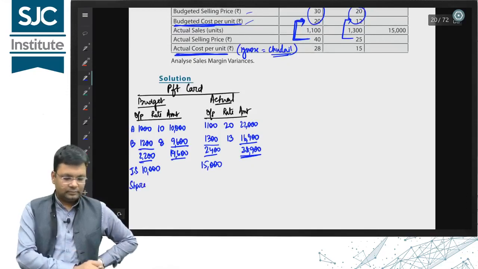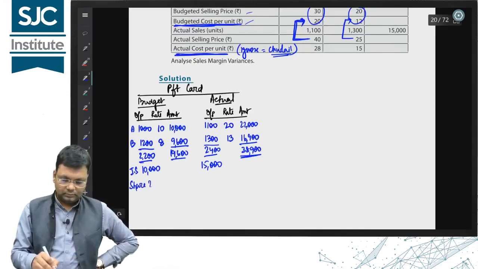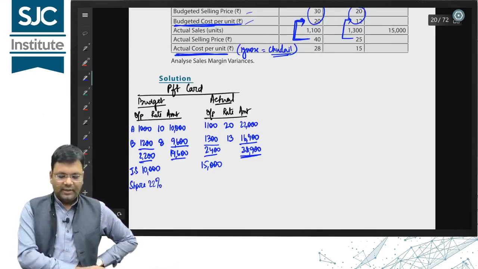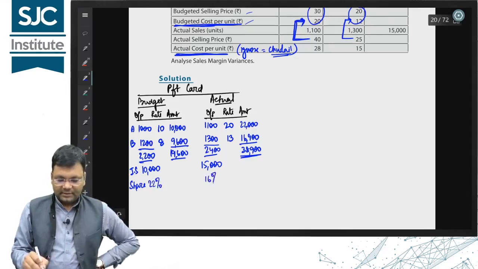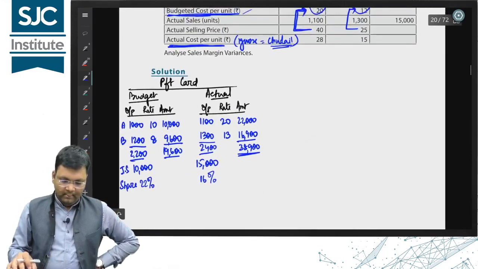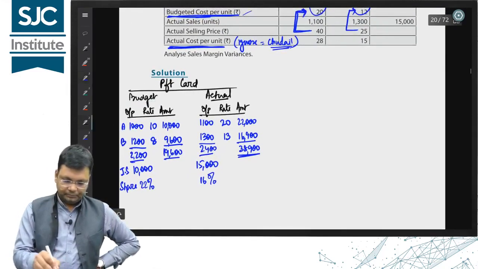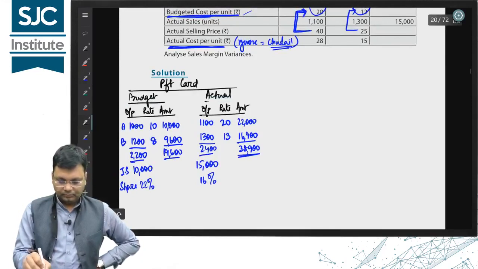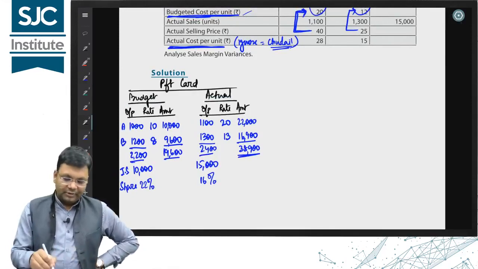Share, 22%, 16%. How did you get this, sir? This divided by this divided by this.